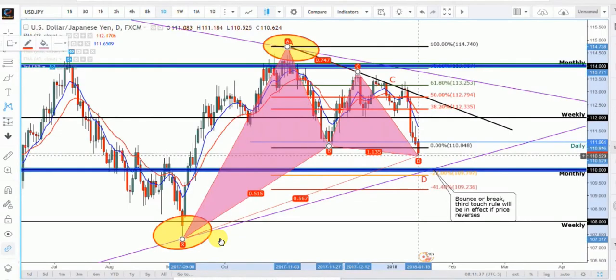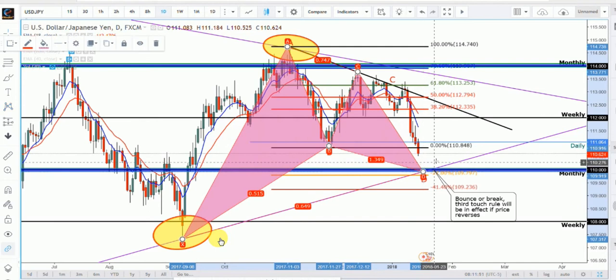Now I definitely prefer that the D will most likely come down a little further, right here. I don't think we're going to just suddenly stop there. There's still a lot of momentum. Remember the third strike rule.